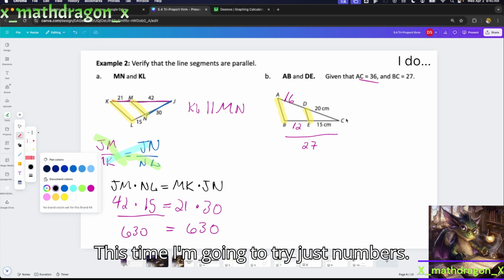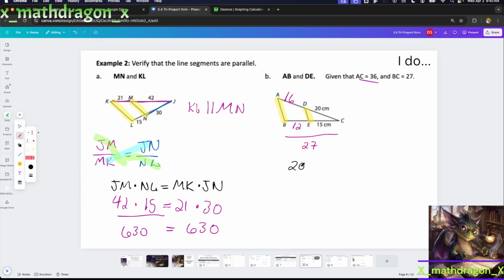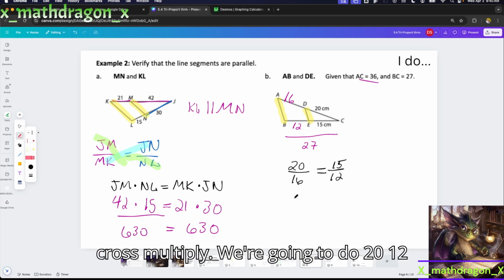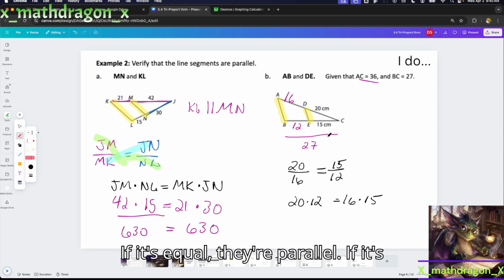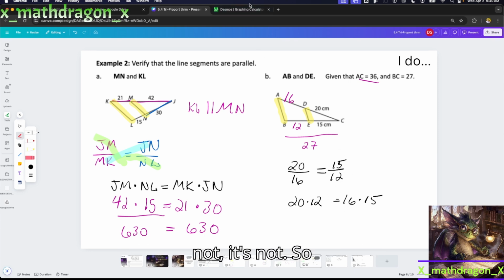This time I'm going to try just numbers. So we're going to do 20 over 16 equals 15 over 12. Cross multiply, we're going to do 20 times 12 and see if it equals 16 times 15. If it's equal, they're parallel. If it's not, it's not.